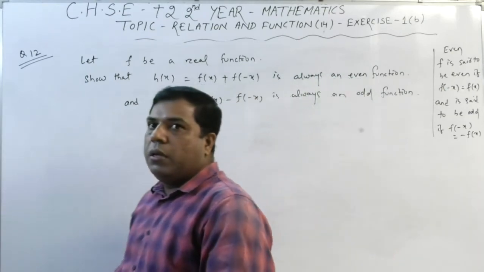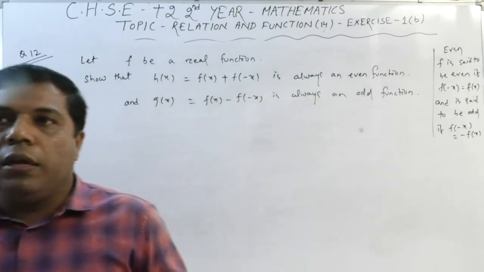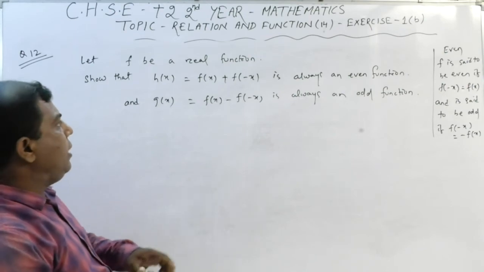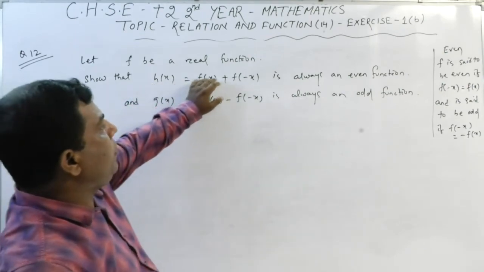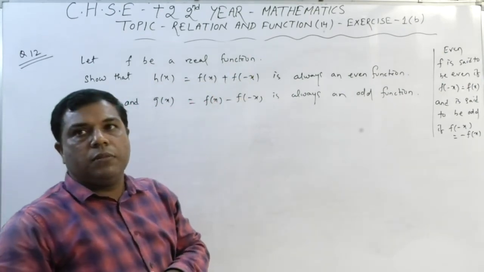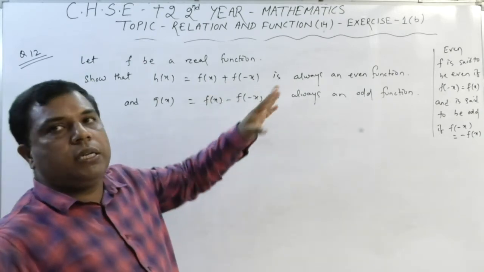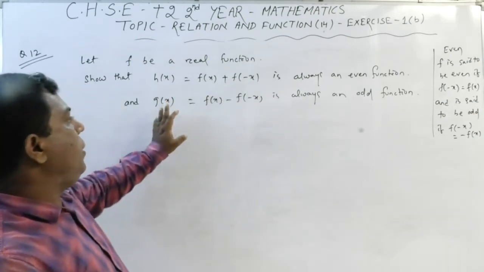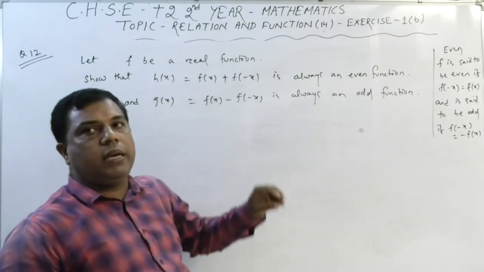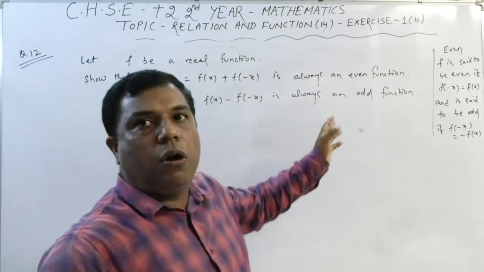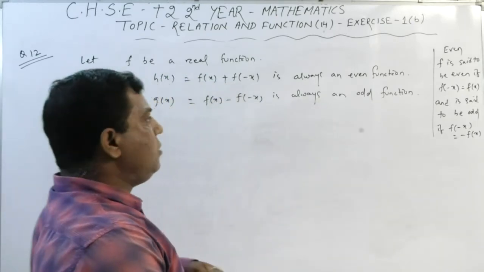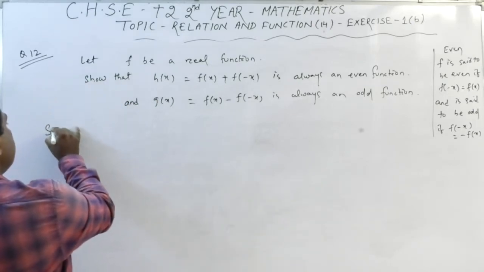Based on that concept, one function is given, h of x, which is f of x plus f of minus x, and we have to show it is an even function, and g of x, represented this way, is an odd function.